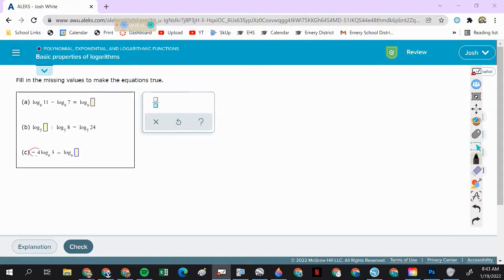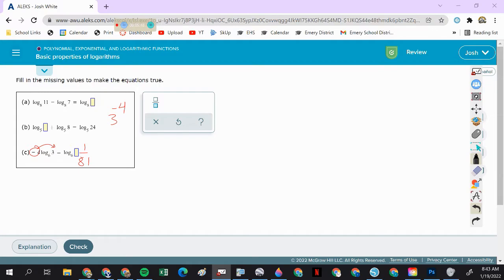I can take the negative 4 and stick it up front, up top, and I get 3 to the negative 4. What is 3 to the negative 4? 3 times 3 is 9, times 3, 27, times 3, 81. What does the negative do? Flips it upside down, so this would be 1 over 81.